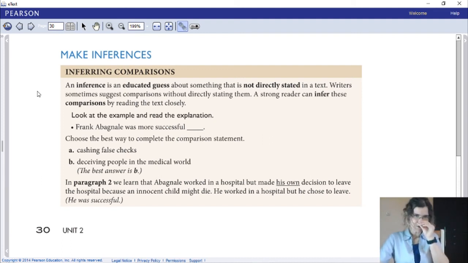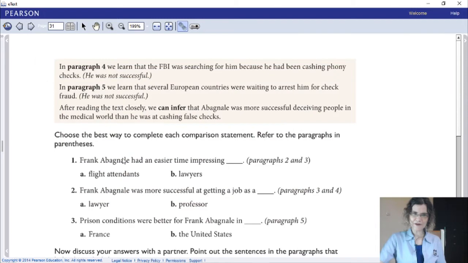In paragraph 2, we learned that Abagnale worked in a hospital but made his own decision to leave the hospital because an innocent child might die. He worked in the hospital but he chose to leave. He was successful. Okay. In paragraph 4, we learned that the FBI was searching for him because he had been cashing phony checks, so he was not successful.